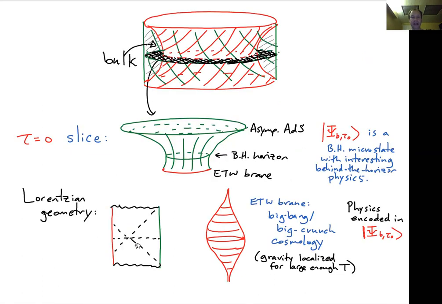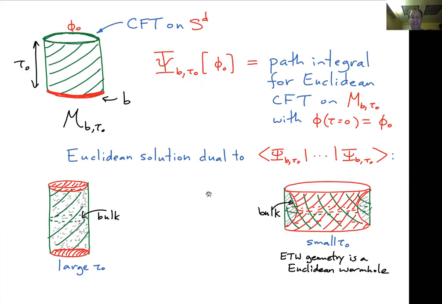Outside the horizon it looks like a regular, static black hole. But then behind the horizon, you have the appearance of this end of the world brane. There's a Euclidean geometry where the end of the world brane connects to the past Euclidean boundary and the future Euclidean boundary.